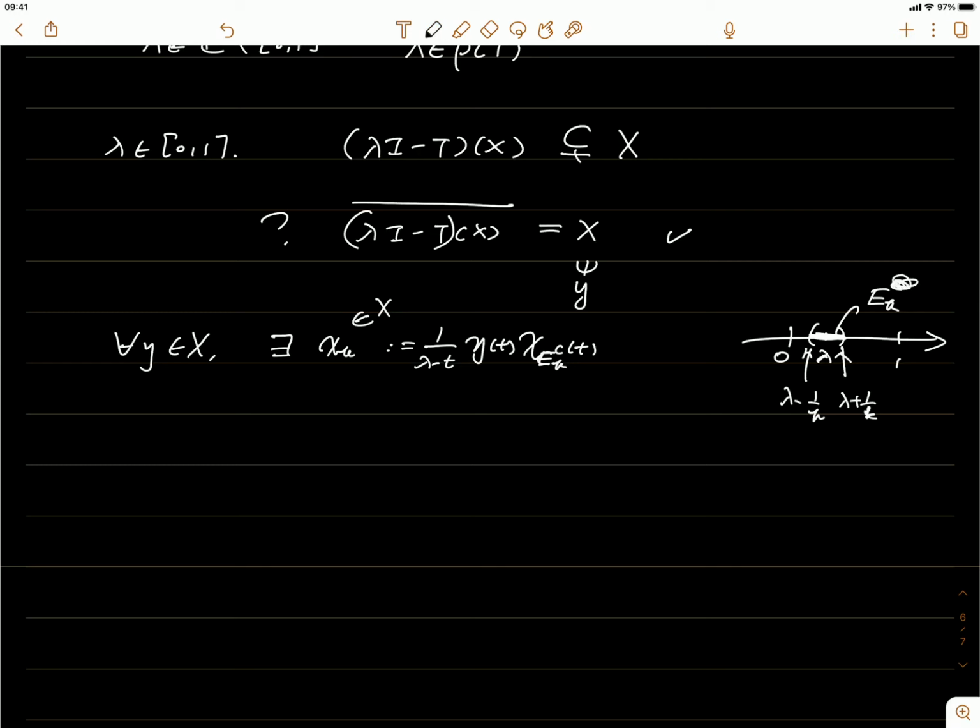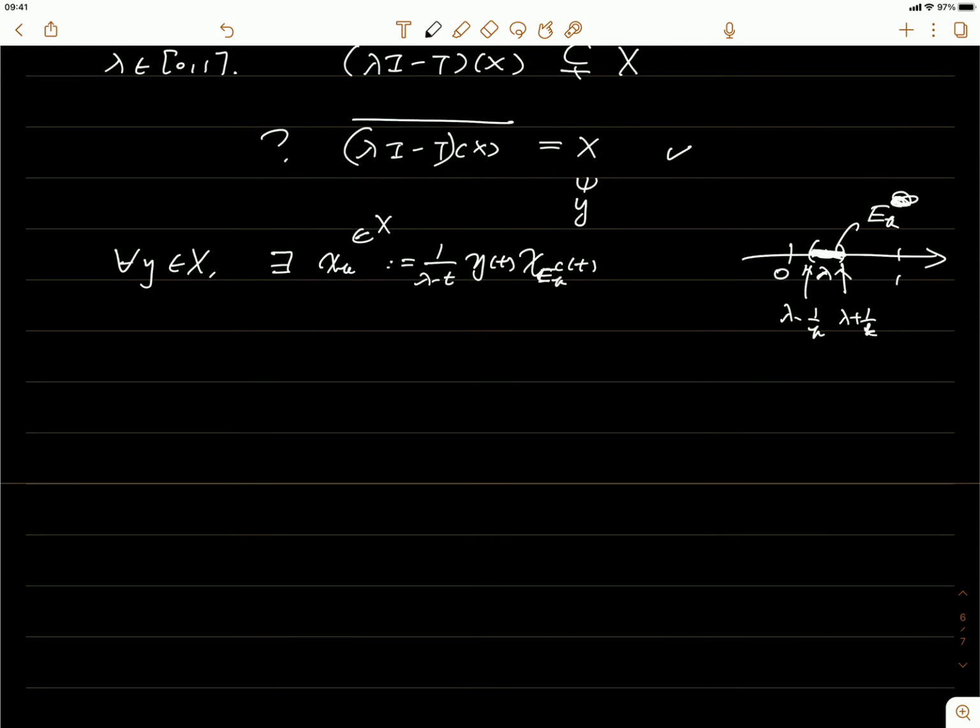Well, this one itself is ek, but I'm taking the complement. That means over this interval, I just force xk to be 0, so that I will not blow up there. Okay, so that's the xk. And then with this xk, we can show that lambda I minus t applied to xk, you know, lambda I minus t is just multiplying lambda minus t to this xk. So this will be equal to yt times the ek complement of t, right?